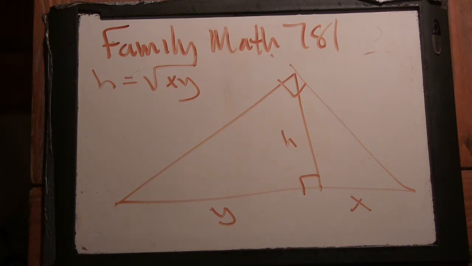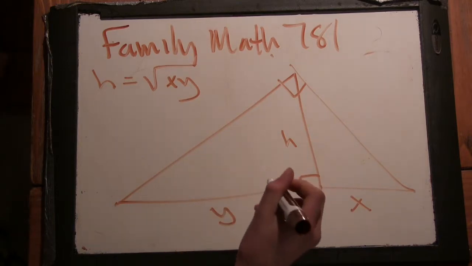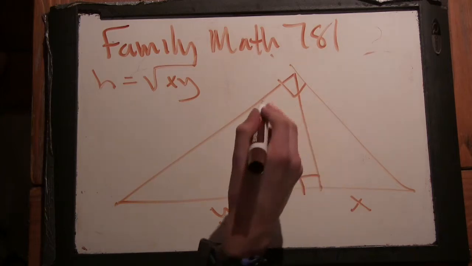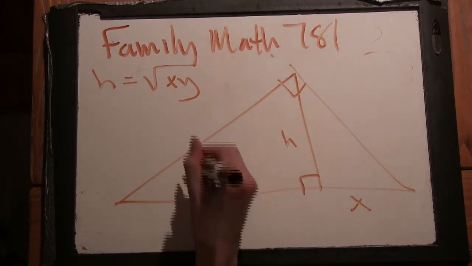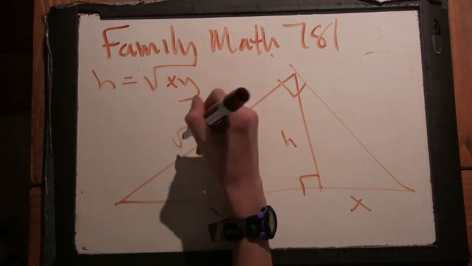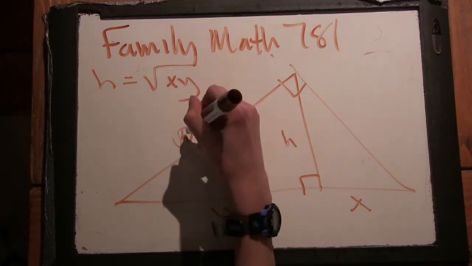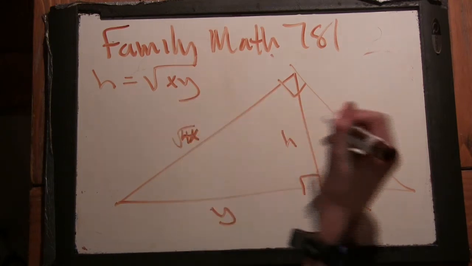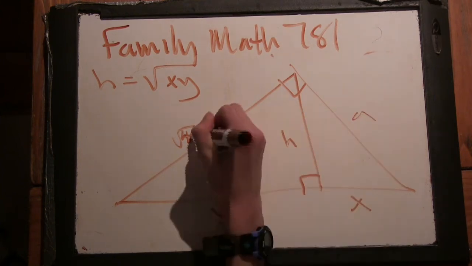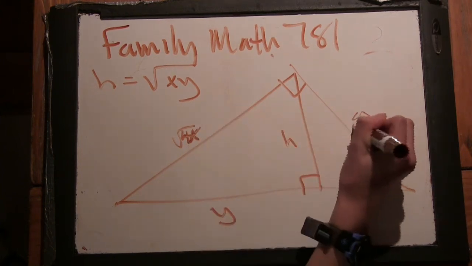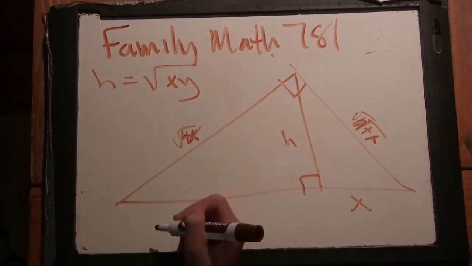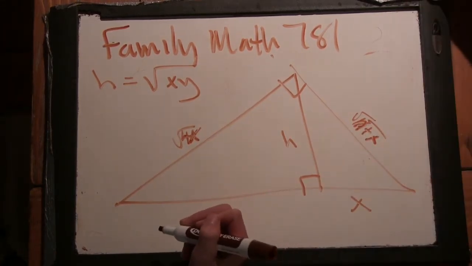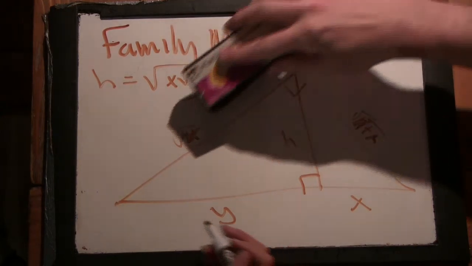Well, what I was trying to do, I was trying to do equations for each of the triangles, so I was looking at the hypotenuse as square root of h plus x and h plus y, and then I tried to put them together in an equation. Okay, hold on.